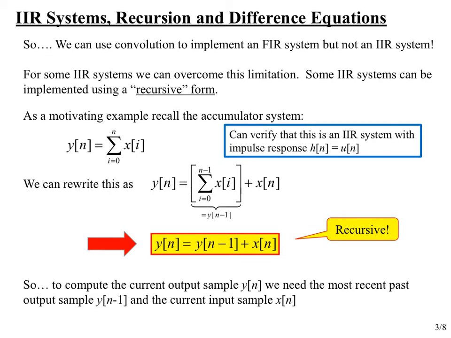Now, as I just mentioned, for some IIR systems, not all, but usually those are the ones of interest to us, we can actually implement this in a recursive form. And the recursive form ties into what I was just talking about with feedback.